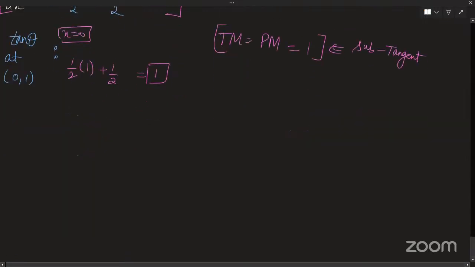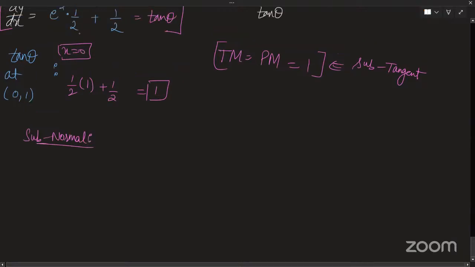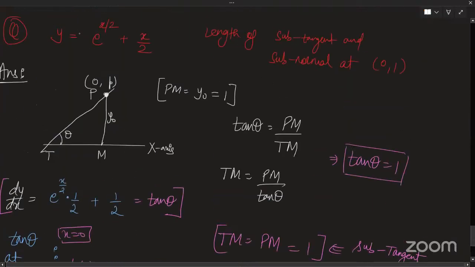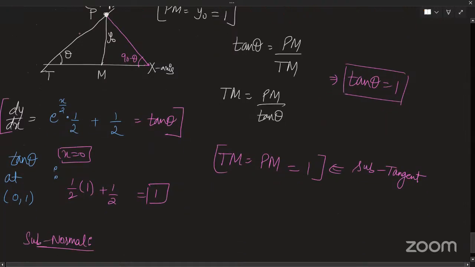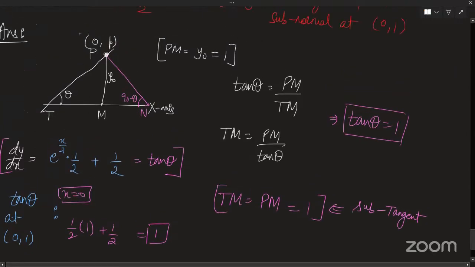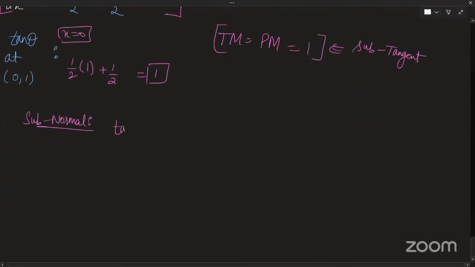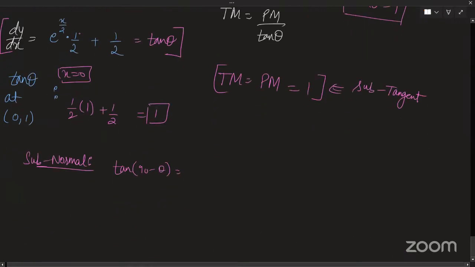Similarly, can I calculate my value of subnormal also? Can you apply trigonometry in this and tell me? If this angle is theta, this angle is 90 minus theta. I'll name this point N. If I take the tangent of 90 minus theta, tan of 90 minus theta is equal to PM by MN.